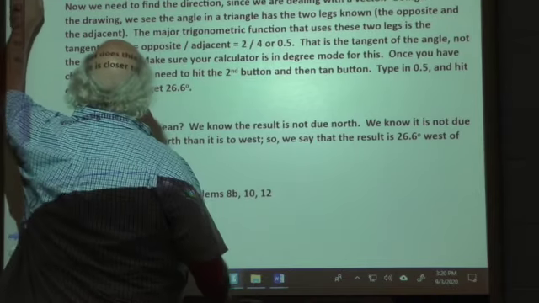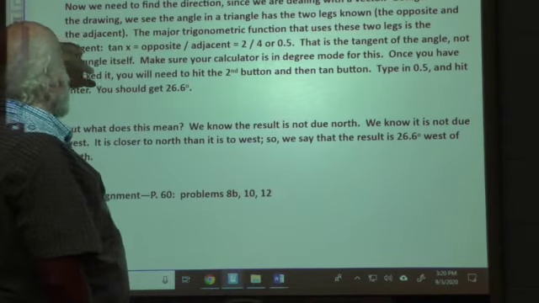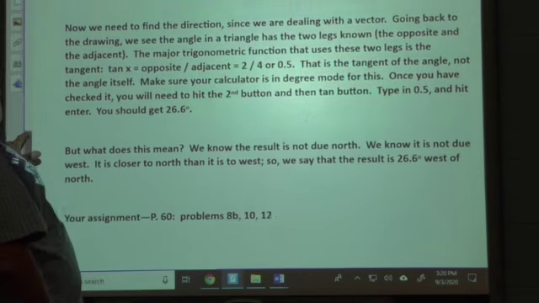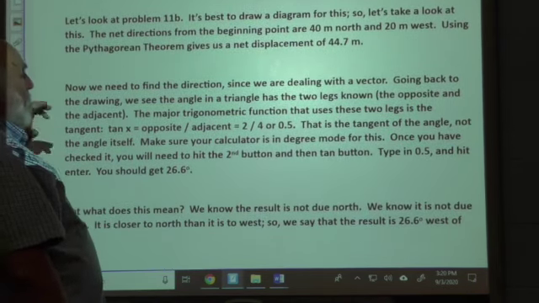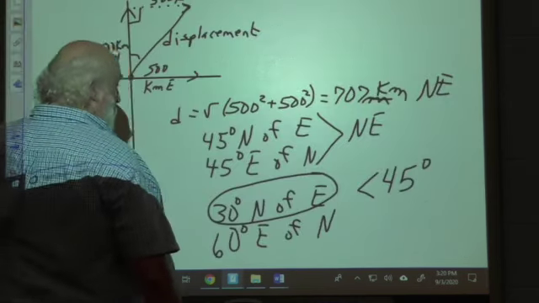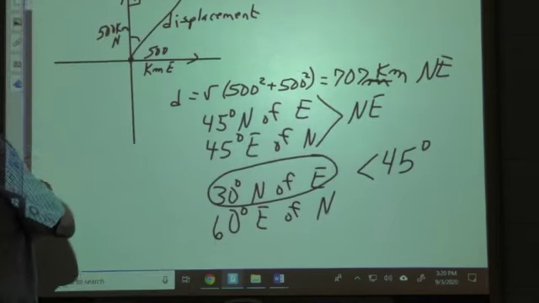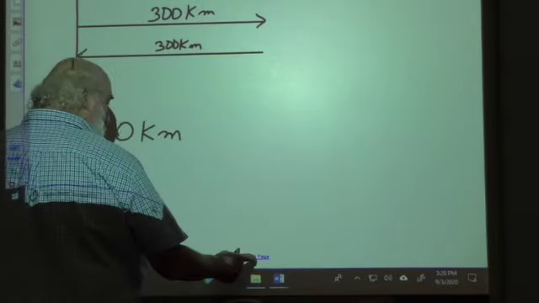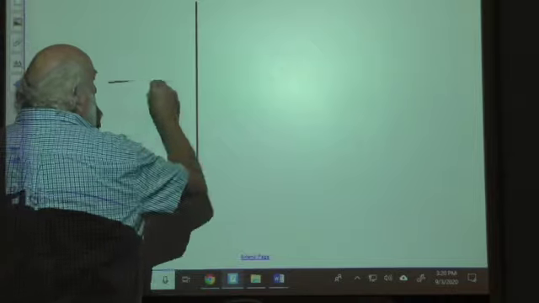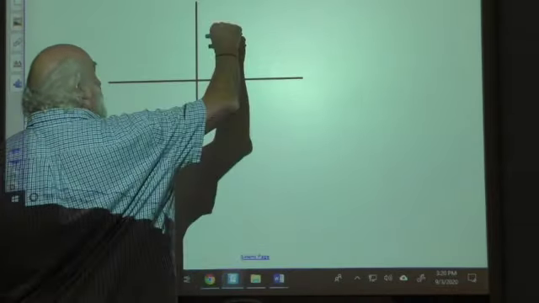So let's take a look at this. What do we got going on here? We got 40 meters north and 20 meters west. Okay? 40 meters north, 20 meters west. So again, draw my directional axes.